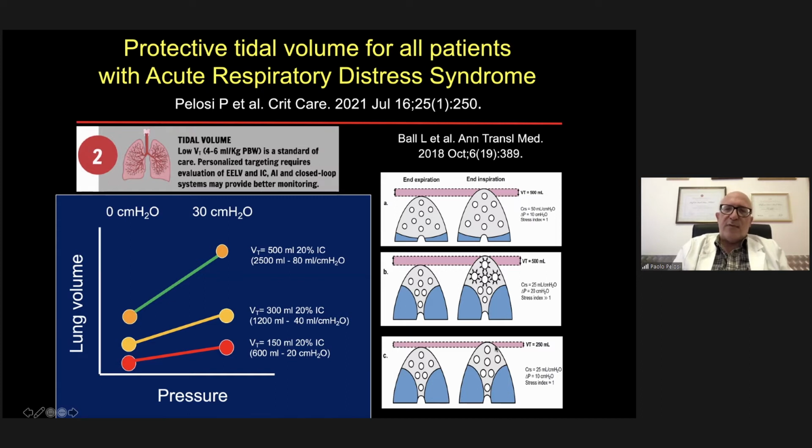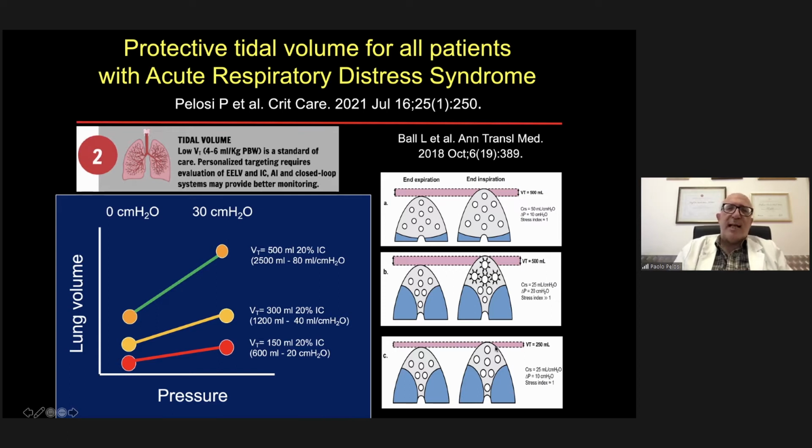This is the difference from end expiration to end inspiration at the highest pressure of 30 centimeters of water, as an indicator of the amount of volume that we can consider to standardize tidal volume. You can see also here that end expiratory volume is very well associated with the amount of inspiratory capacity.